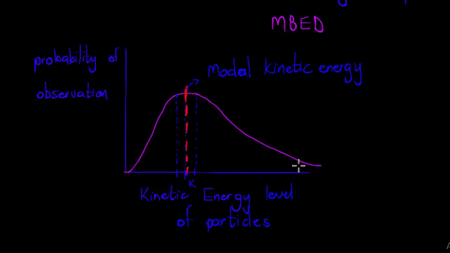It's skewed because if I work out the average, I'm taking the kinetic energy of one plus the kinetic energy of another, until I get to the last one, and then dividing by the number of particles. Particles with very high energy levels cause the average to be skewed, so on average it would be more than the modal kinetic energy.